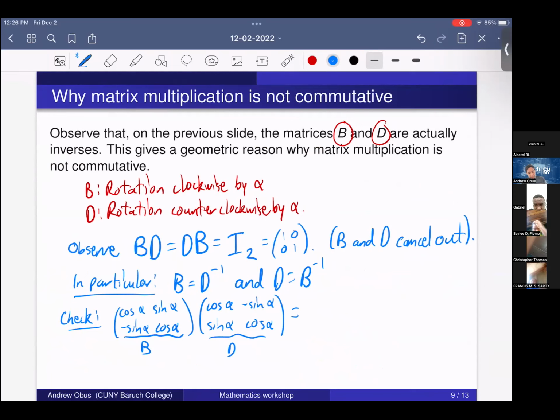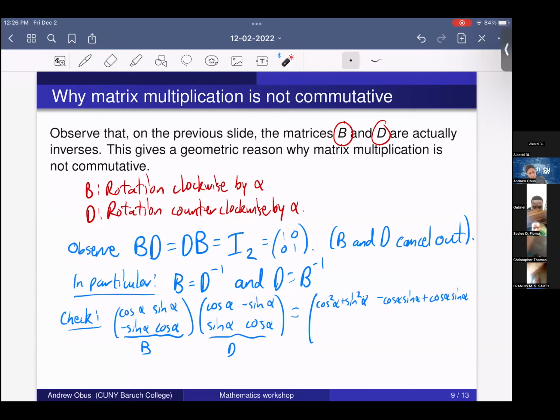When I multiply them together, what do I get? I get cosine squared alpha plus sine squared alpha, right? This is cosine, cosine, and sine, sine. Then for this entry, I get cosine alpha times minus sine alpha plus sine alpha times cosine alpha. So this is minus cosine alpha sine alpha plus cosine alpha sine alpha.